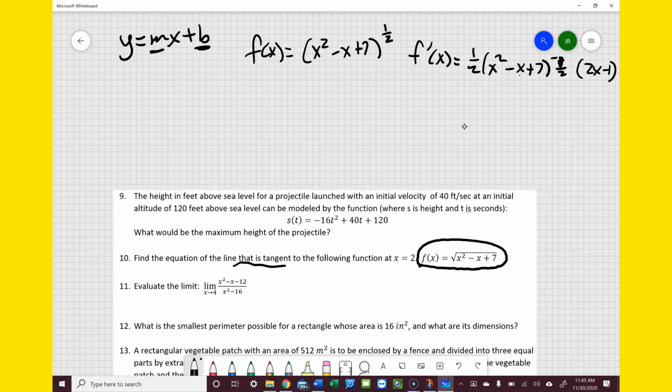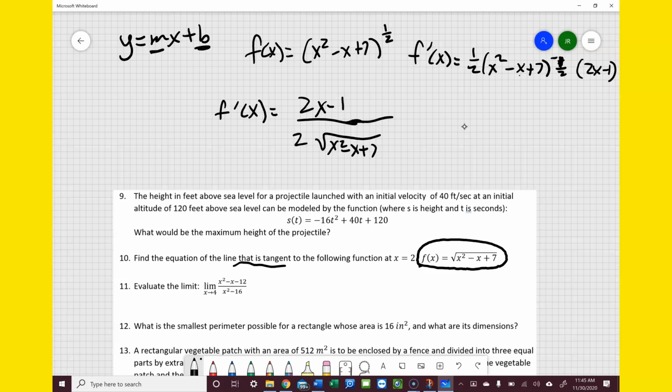So cleaning that up a little bit, f prime of x equals 2x minus 1 on top, a 2 on the bottom, and the square root of x squared minus x plus 7 on the bottom. Because of the negative, it moves it to the bottom, and 2x minus 1 is on top.